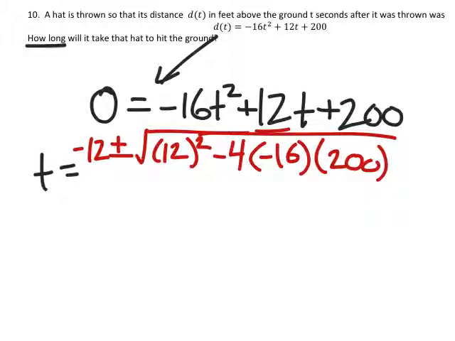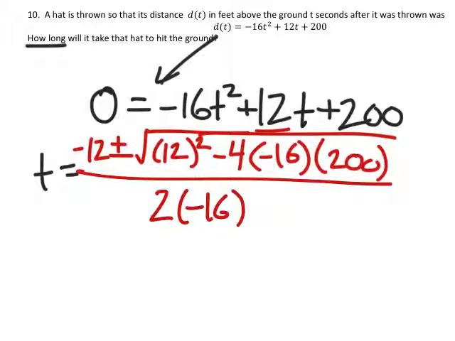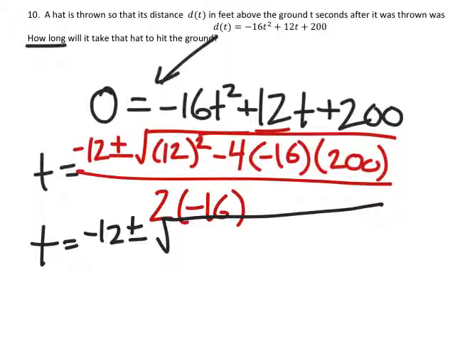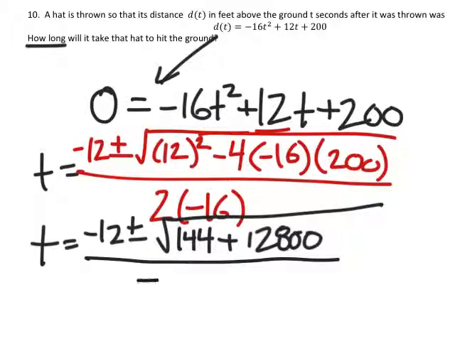And this ends up being all over 2 times a, which is negative 16. Alright. So we end up with t equals negative 12 plus or minus the square root of 144. I'm just going to go ahead and do the math there. 4 times 16 times 200, all over negative 32.